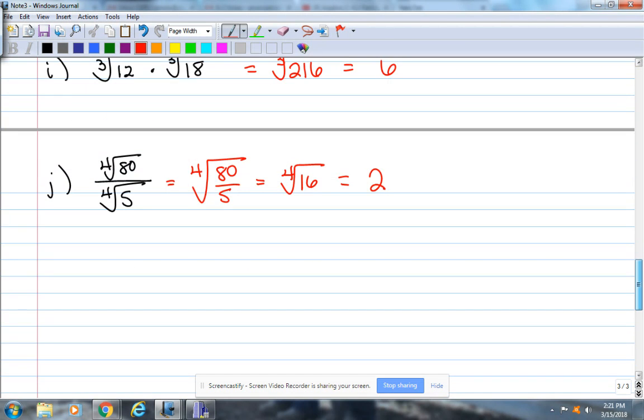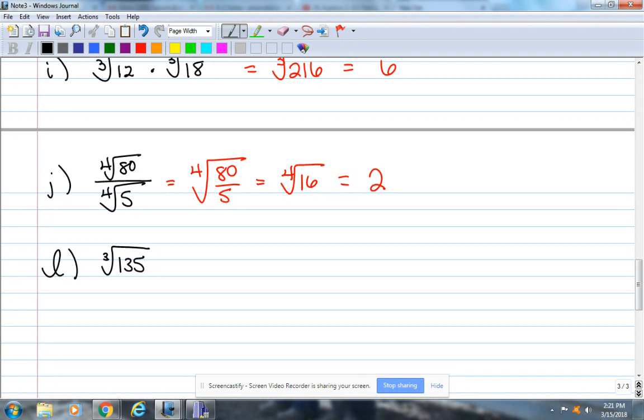All right, this is where it gets a little bit more complicated. Cube root of 135. Now look on your blue chart at your cube roots. Is 135 on there?